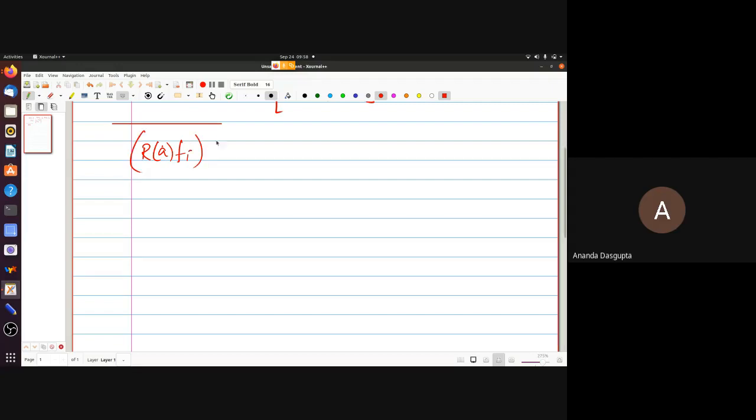What does RA fi do to V? It gives you fi, the ith function basis vector, acting on LA inverse V. But LA inverse V is the same as LA V, right? Okay, let's do it in steps.